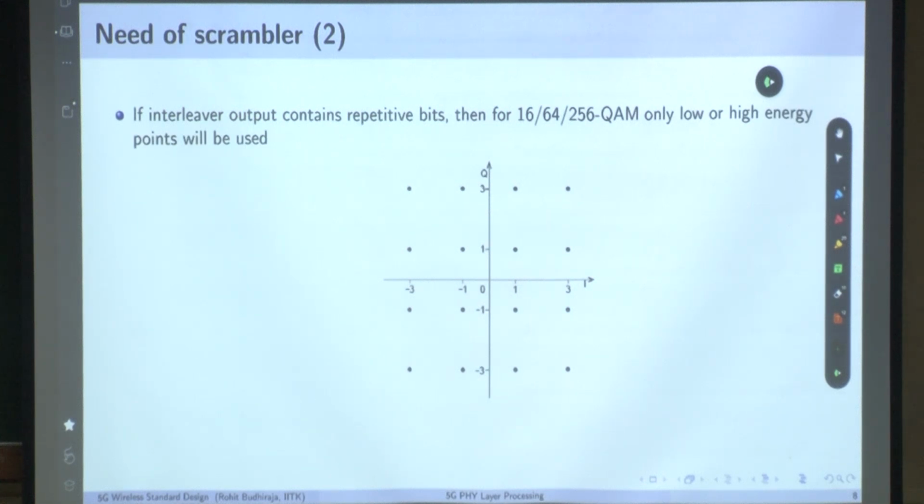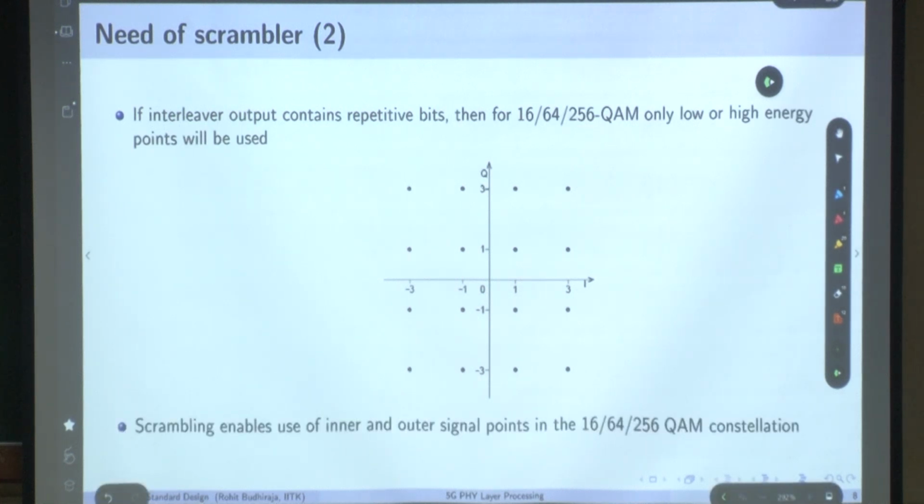Usually the transmit and receive chains have DC blockers, a capacitor put in the chain somewhere, and then that sequence will get impaired and distorted. That's more of an implementation constraint. So scrambling enables use of inner and outer signal points in all these constellations, and then you are safe. That's precisely the reason behind using the scrambler.